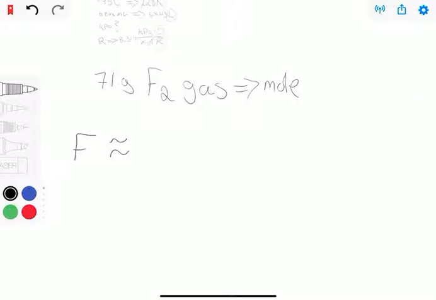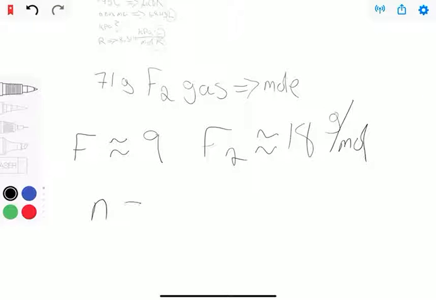And so we go into the periodic table and find out that one little atom of fluorine weighs roughly 9, and then one molecule would then be 18 grams per mole. So 1 mole of that gas is then 18 grams.